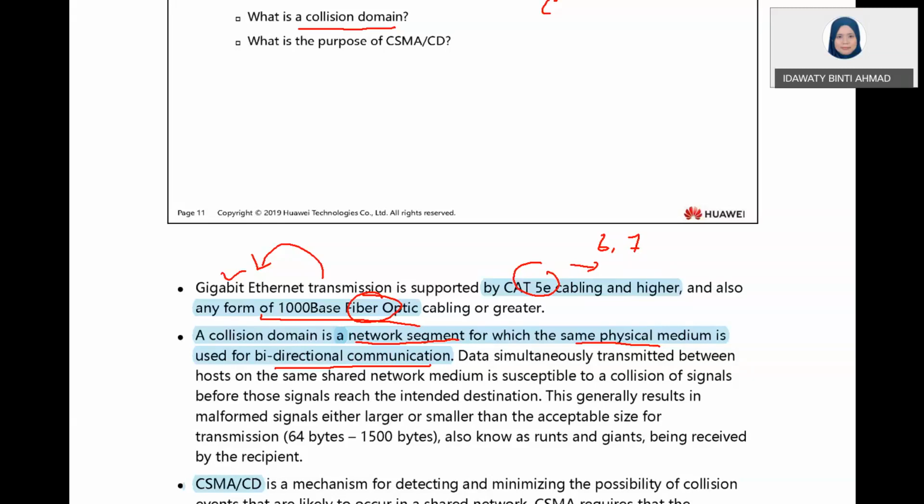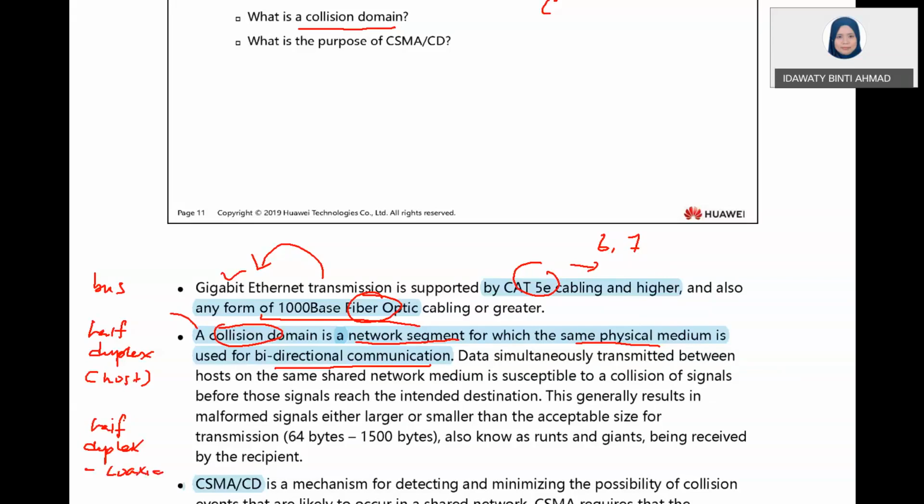Basically, a collision domain is when you have a bus topology and half duplex on the network card or host, and half duplex on the cable. It means that you use coaxial cable.